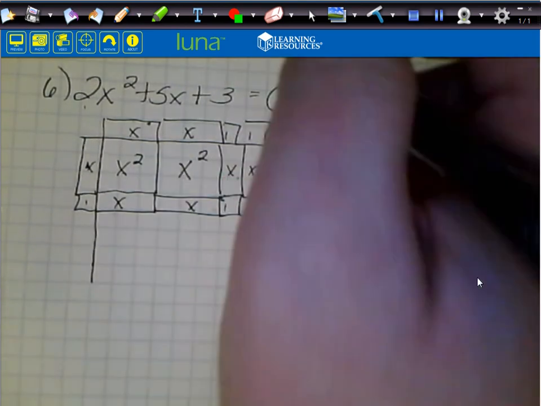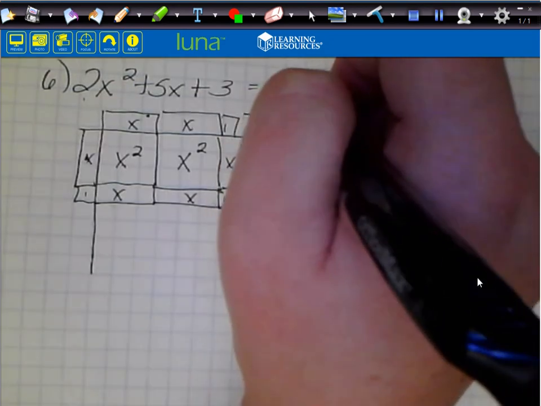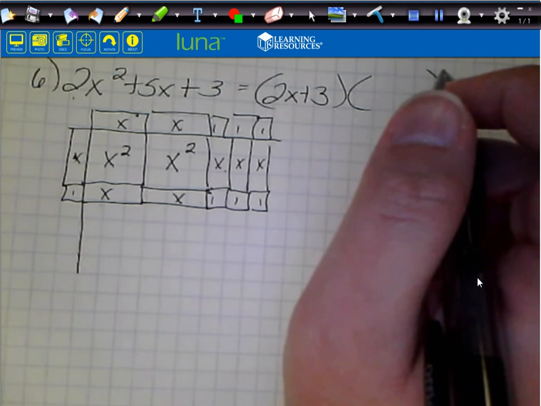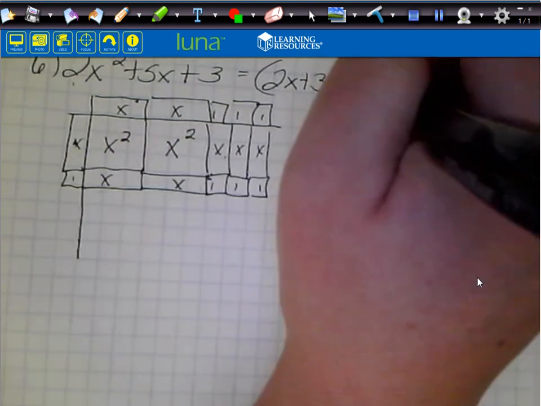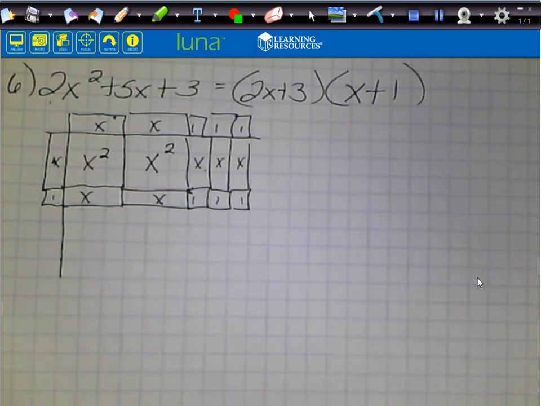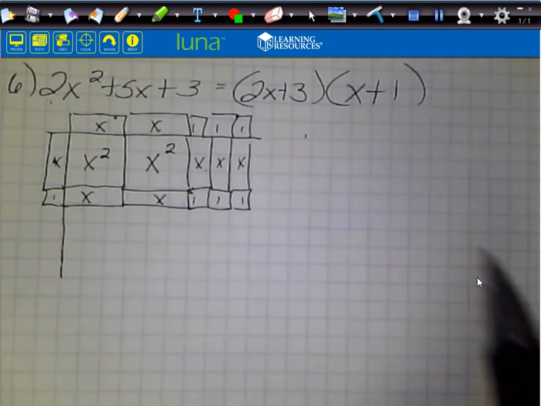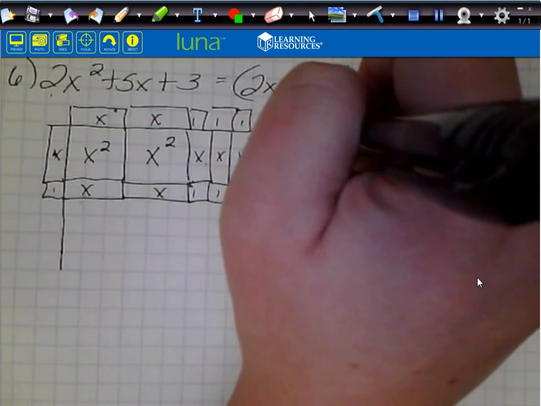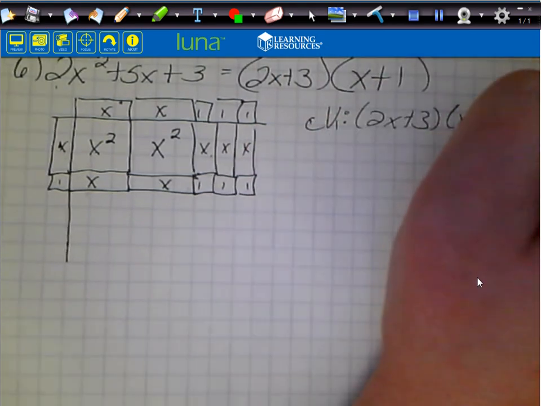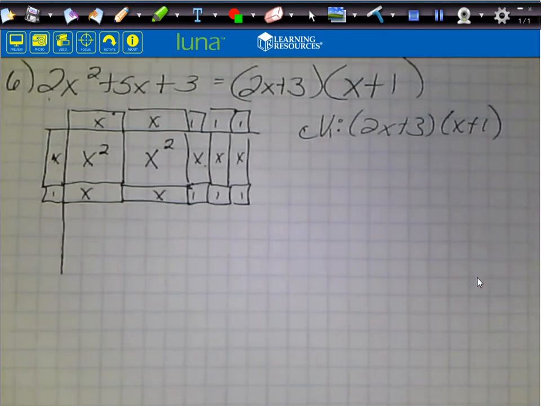So it works here. So I have 2 x pieces, so that's 2x, and 3 unit pieces, so 2x plus 3. Here I have 1 x piece and 1 unit piece, so x plus 1. And go ahead and see if you can figure out the check for this one. Go ahead and pause the video now, and then I'll show you the check in just a minute.